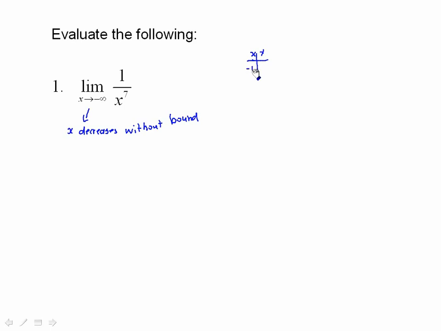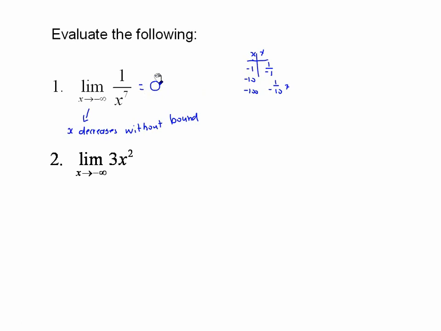But if x is like negative 1, then negative 10, negative 100, you'll see that you're going to get 1 over negative 1, 1 over negative 10 to the 7. And it really works the same way as when you had x getting bigger without bound. It's still going to be 0. It's just approaching from the opposite direction. Your numbers are going to be negative, but they will be approaching an asymptote of y equals 0.